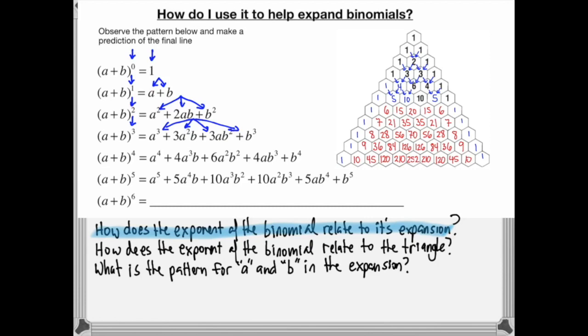Okay, a sample answer would be that there is the exponent plus 1 number of terms in the expansion.